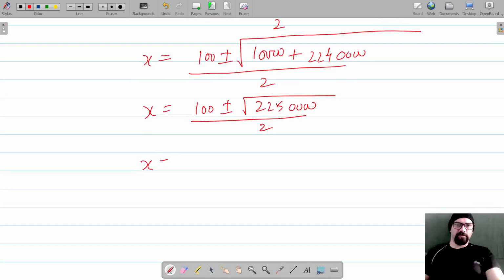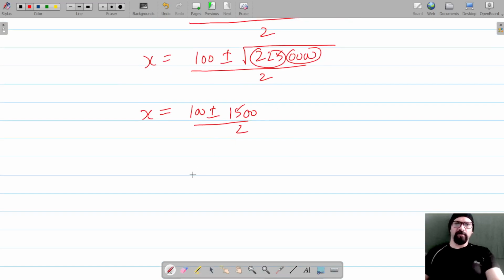Okay, next step is 100 plus minus the square root of 225 is 15, and out of four zeros, only two come out. So this is 1500 by 2. And now we have two values for x. One is 100 plus 1500 by 2, and x is equal to 100 minus 1500 by 2.